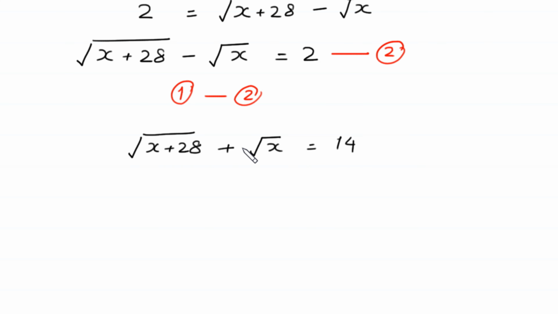From this equation we subtract this equation 2: square root of x plus 28 minus square root of x is equal to 2, and we subtract this equation 2 from equation 1.